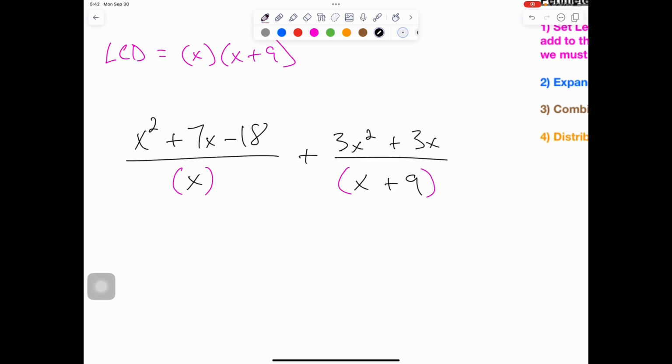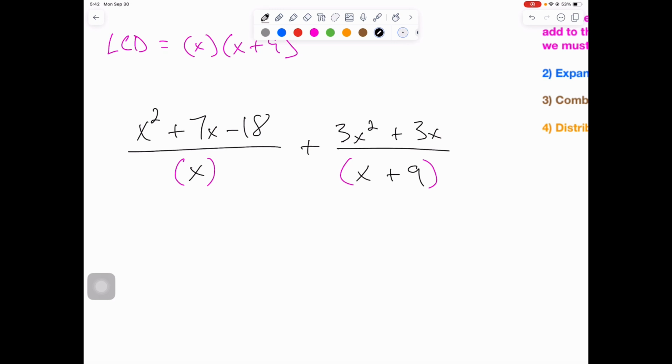What's already written in black, I'll keep in black, and what's added to both the denominator and the numerator for that balance, I will put in pink. So let's set this equal to x squared plus 7x minus 18, and then we will set that over our x.